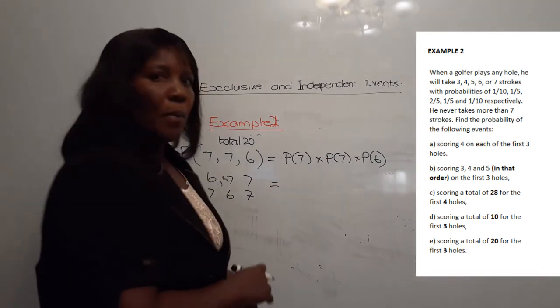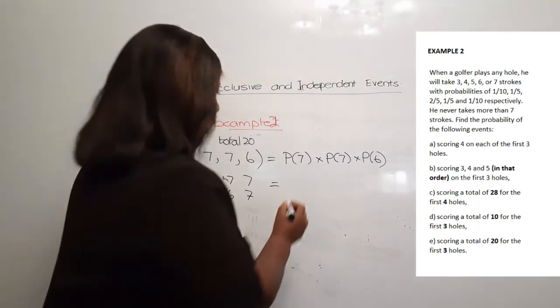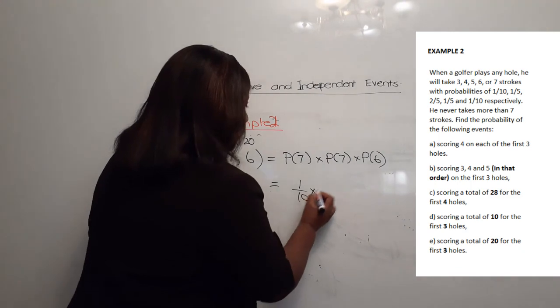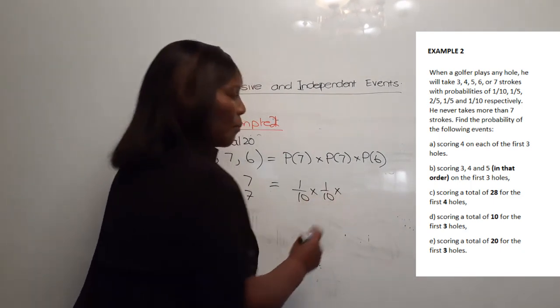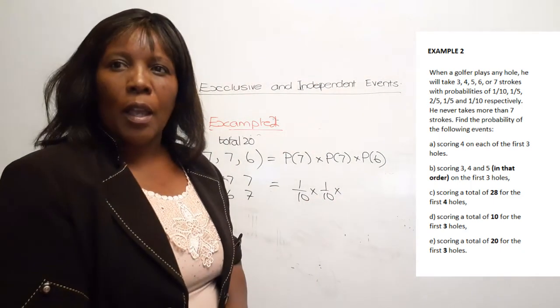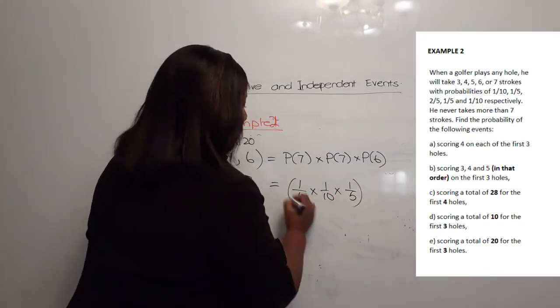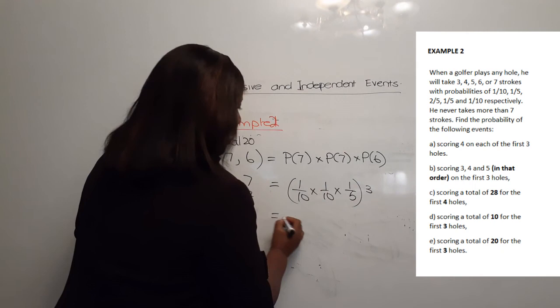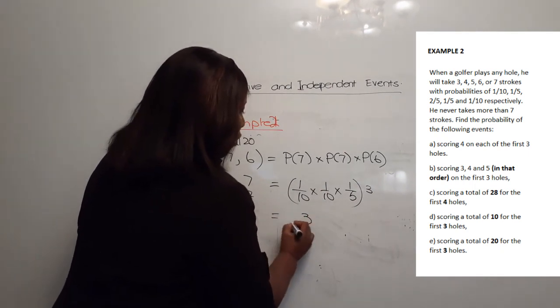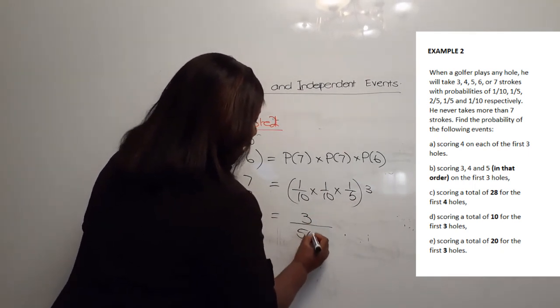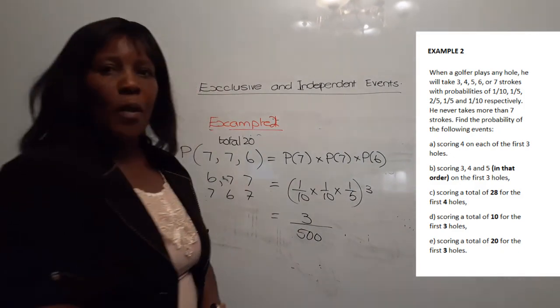So probability of a 7 is 1 over 10. And probability of a 6, as you can see, is 1 over 5. And this can happen in 3 ways. So this is equal to 3 over 500 again. And this is in its lowest form.